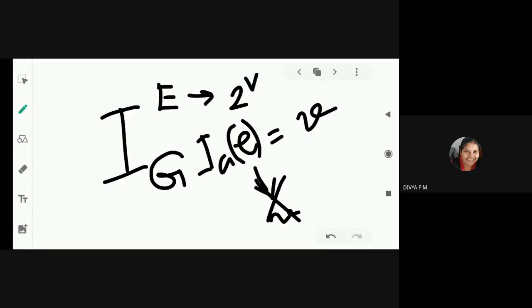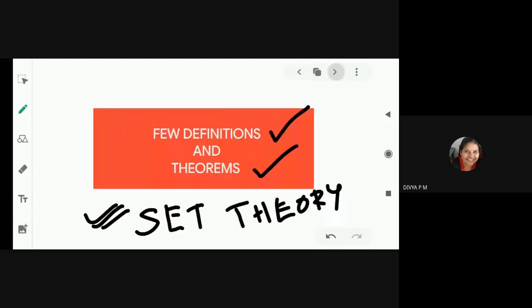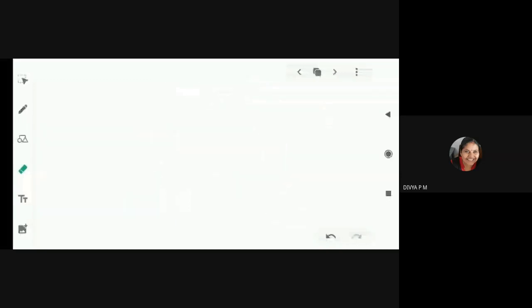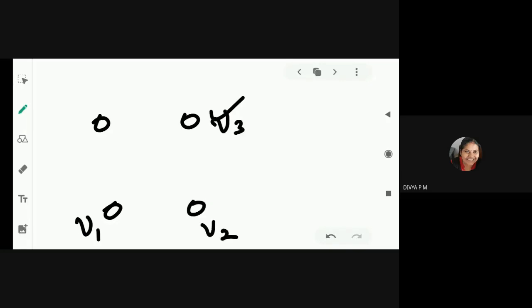But before that, let me give you one more definition, then it will be clearer. So this is a graph. Now many times we will be drawing pictures to represent graphs. These are the vertices: this is V1, this is V2, this is V3, this is V4.